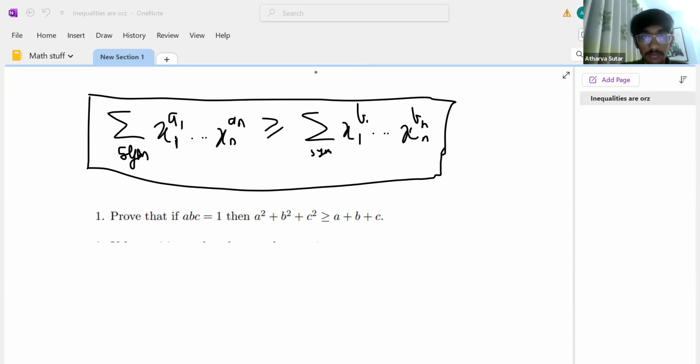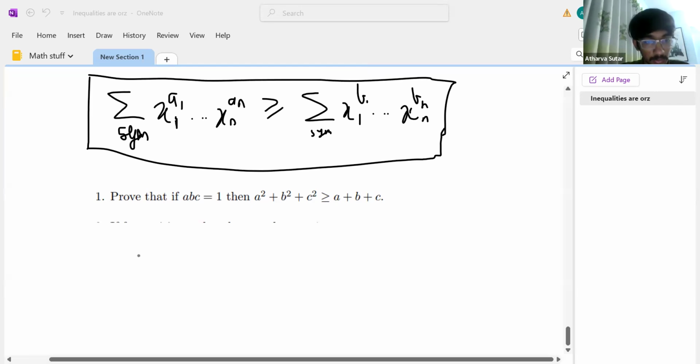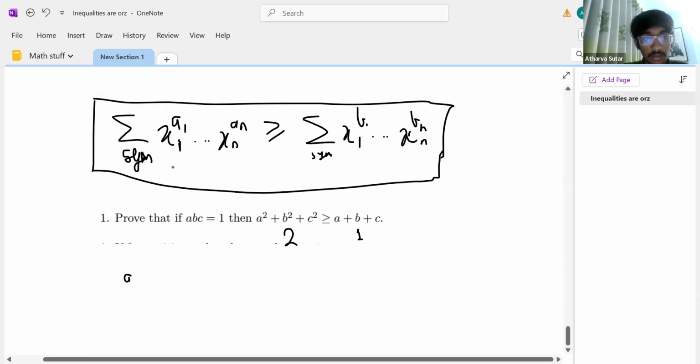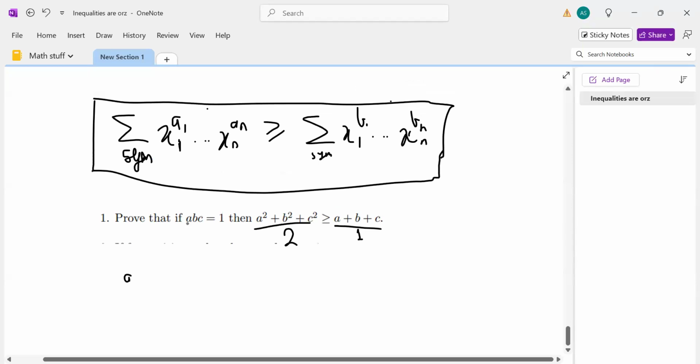Okay, so I'll give the solution of this one. Notice that on the LHS the degree is 2, and on the RHS the degree is 1. If you want to apply Muirhead's, the degree on both sides must be the same. So you want some way of making the degree of the RHS equal to that of the LHS.